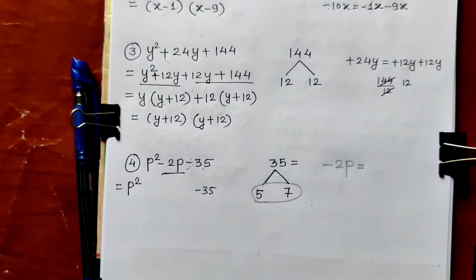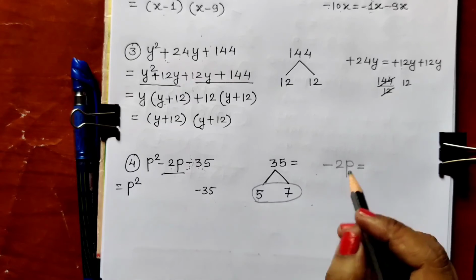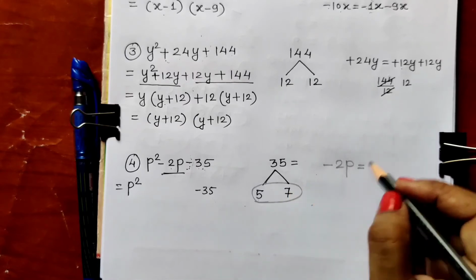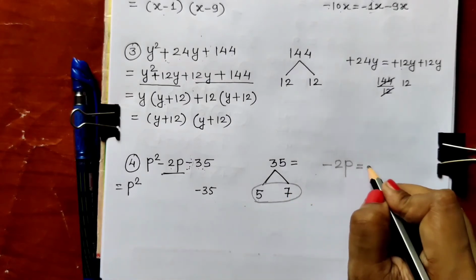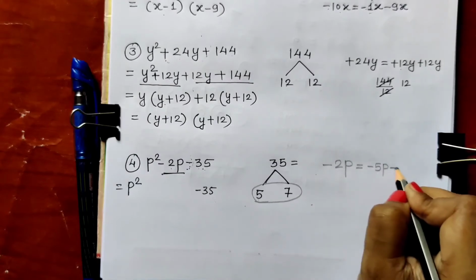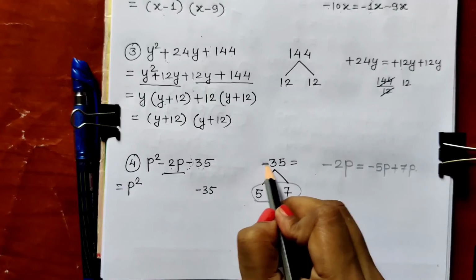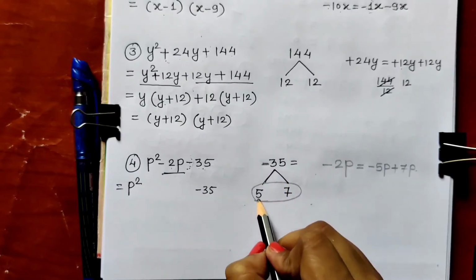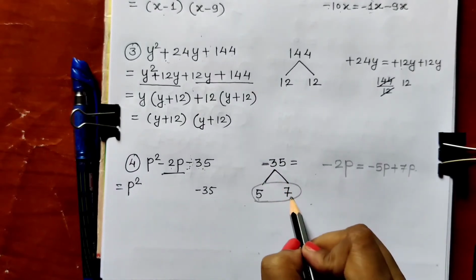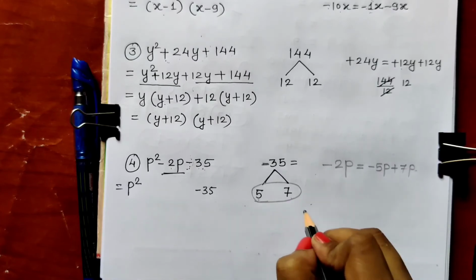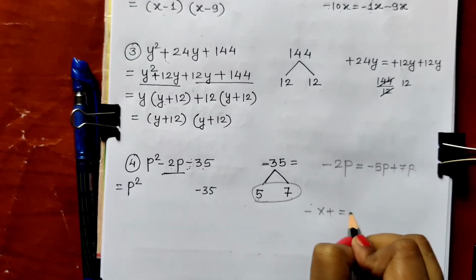So how it can be written? It can be written as minus 5p plus 7p. Okay, because this is having minus sign. So one factor should have minus sign, another factor should have plus sign, because we all know minus into plus is equal to minus.